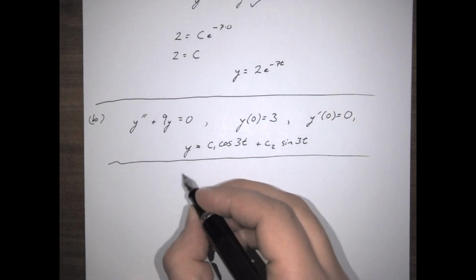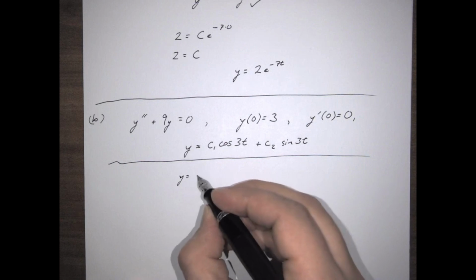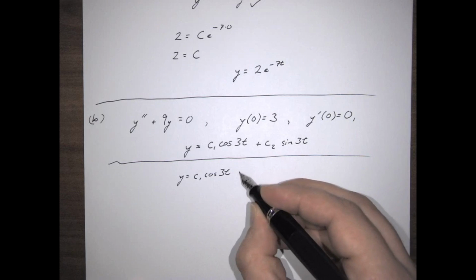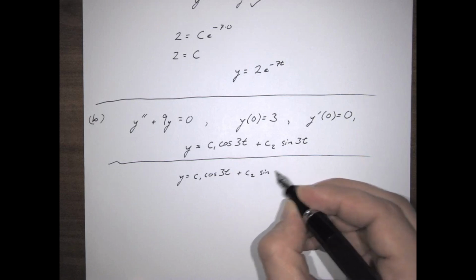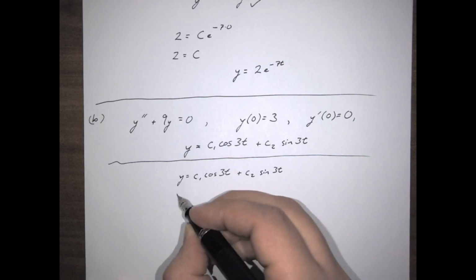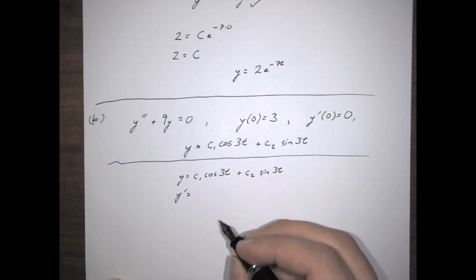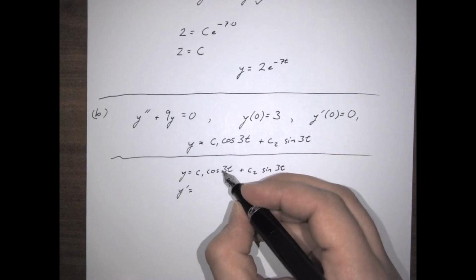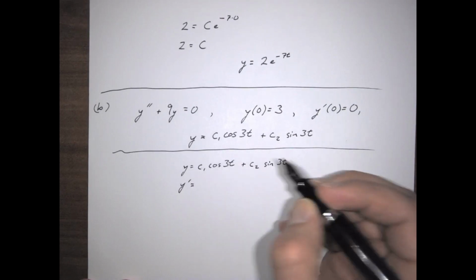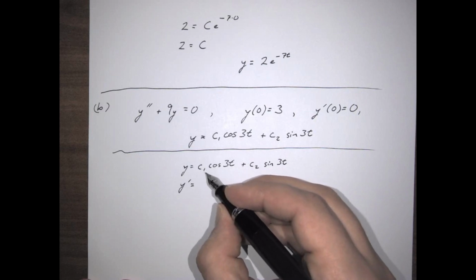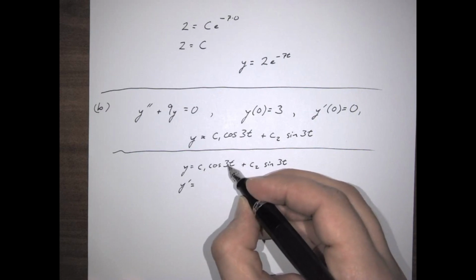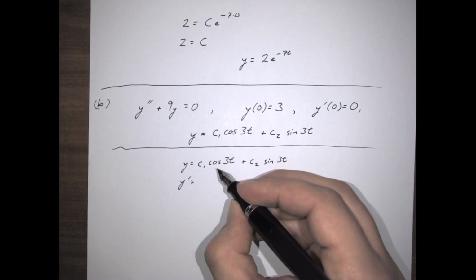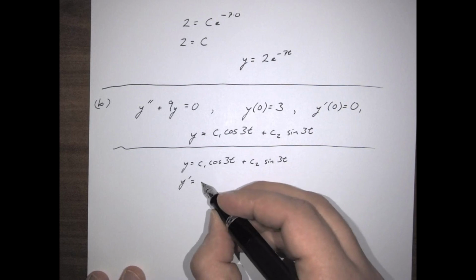So all right, if y equals c1 cosine 3t plus c2 sine 3t, then we have to ask ourselves what the derivatives as we go down the line will be. First off, to take the derivative of this one, the constant that's in front is just still going to be there, and we just have to figure out what's going to happen with the rest of it. So the derivative of cosine is negative sine.